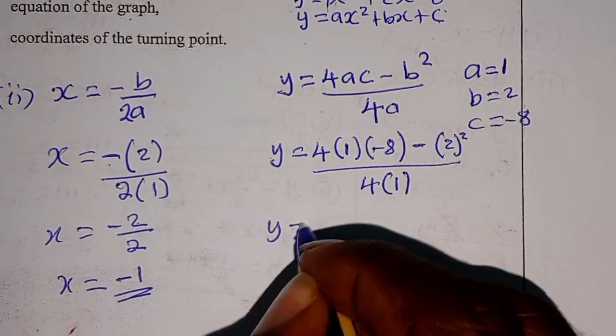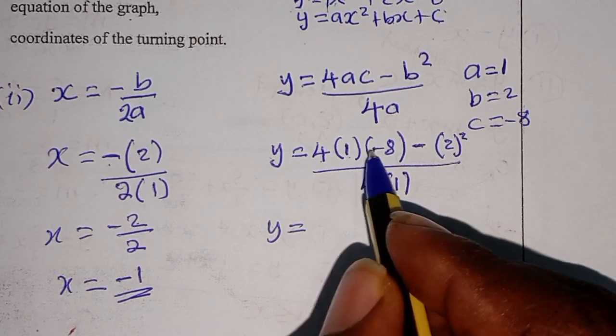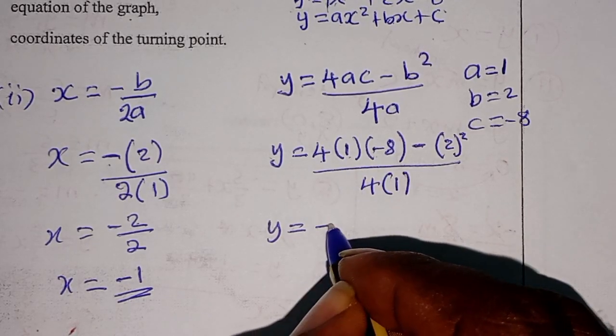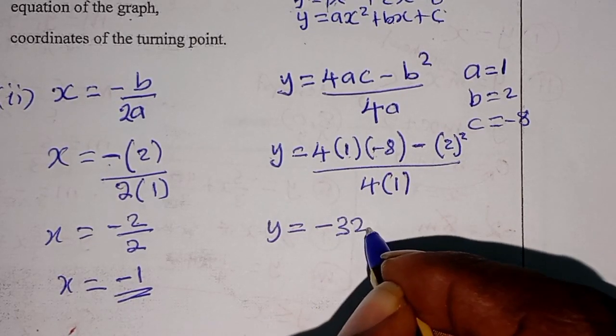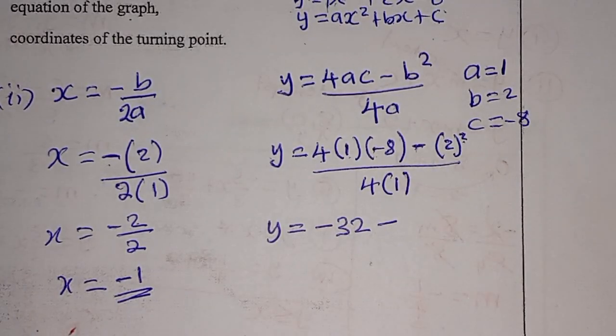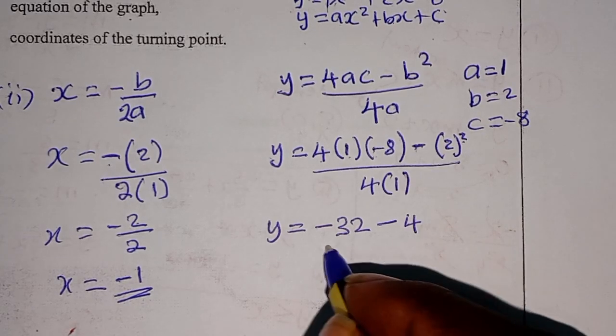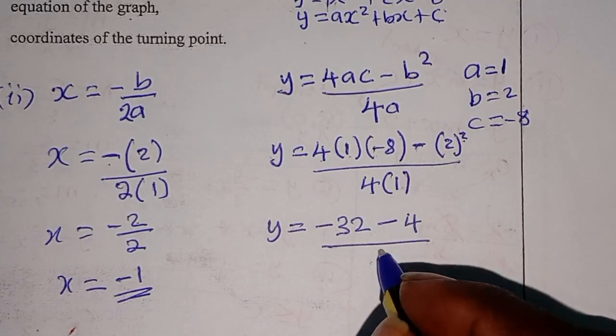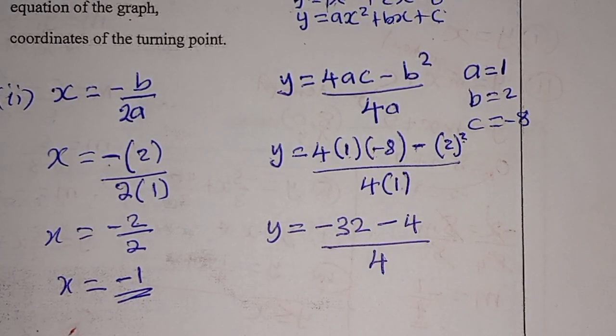So y equals 4 times 1 times negative 8, it is negative 32, minus 2 squared, which is 2 times 2, it is 4, over 4 times 1, which is 4.